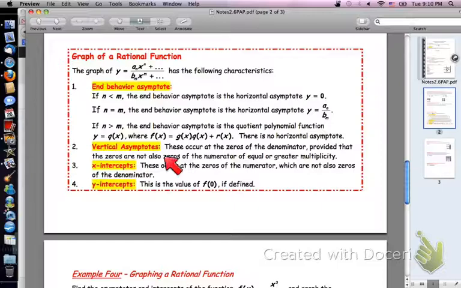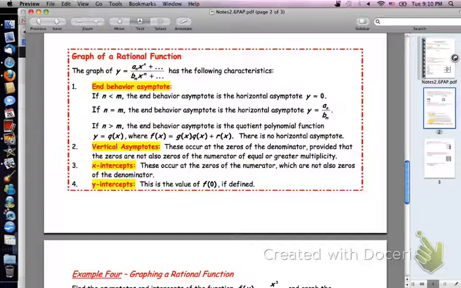So we already know these basically only occur when we have zeros of the denominator, provided, though, that we don't also have zeros of the numerator at the same value. So what do I mean by zeros in the numerator at the same place where we have zeros in the denominator?